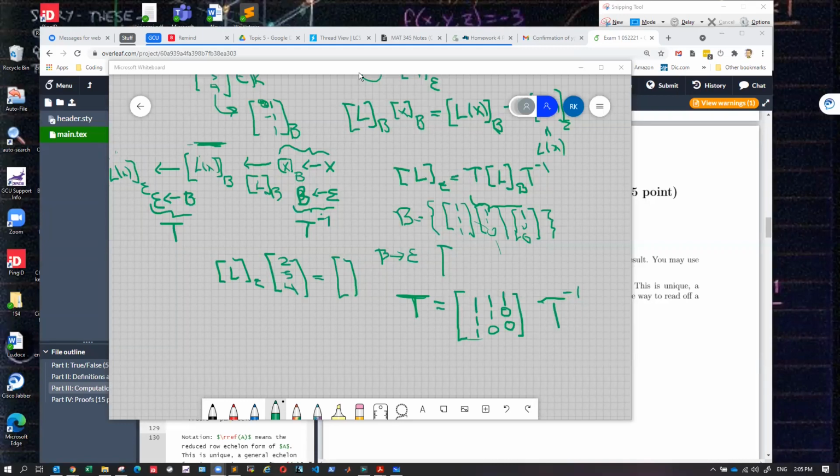You take something with respect to the standard basis, transform it to base B, apply this matrix, the output is then in base B, and then you transform it back into base E. That gives you the matrix for L with respect to the standard basis.